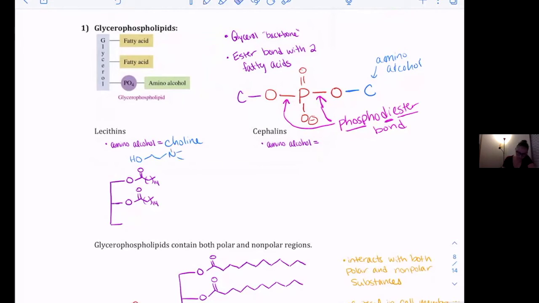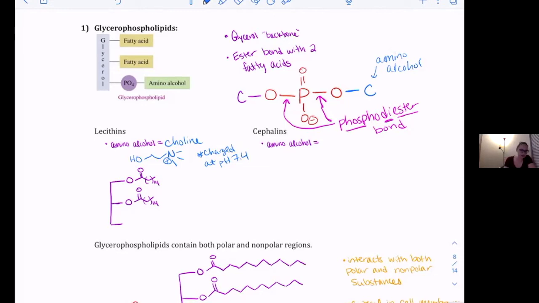I'm going to erase this one to make it a little more clear. So we have our nitrogen, and it has 3 methyl groups on it, and then is connected to the carbon chain. And it is charged at a pH of 7.4. Look at my notes correctly. So at pretty much neutral pH, it is a charged species.